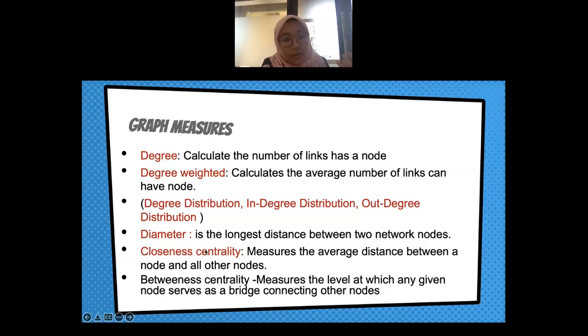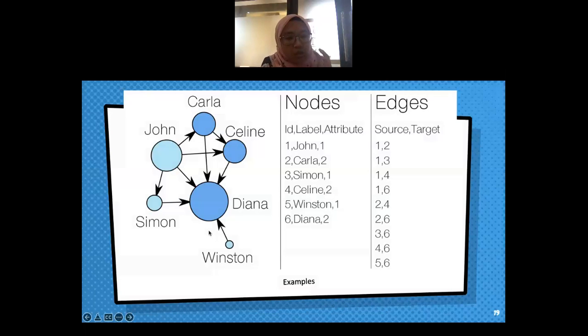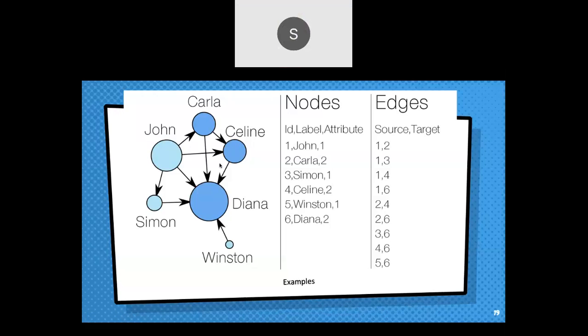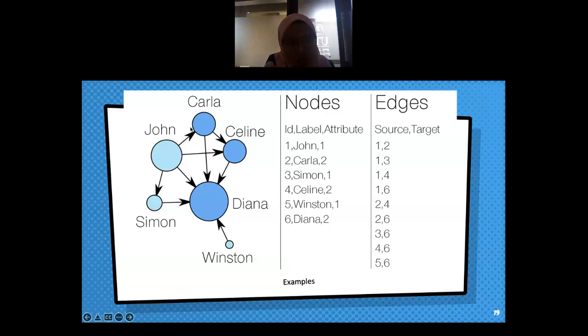So it will also calculate the diameter, which is the longest distance between two network nodes. Diameter means they will give you a value. For example, Celine is talking to John directly because John talks to Celine. Celine is not talking to Simon directly. There is no line connecting Simon and Celine. But if you look at the graph, they are connected to each other through John and Carla. So if you see here, Simon, John, Carla.